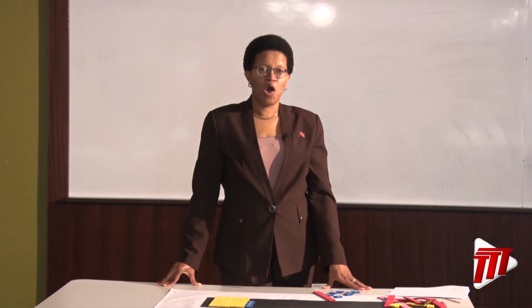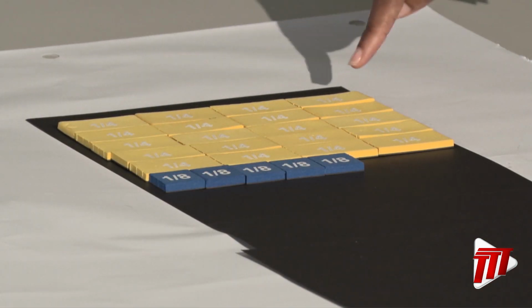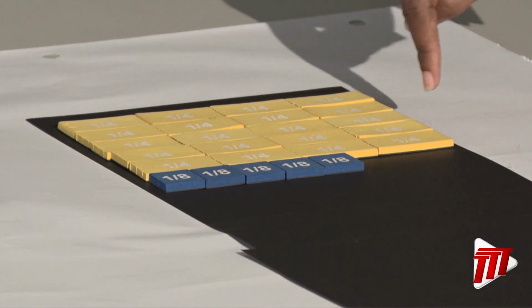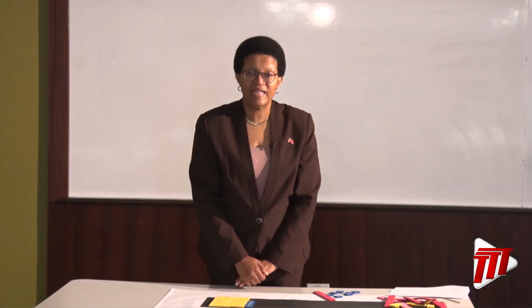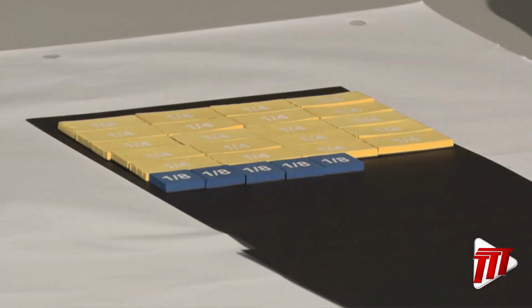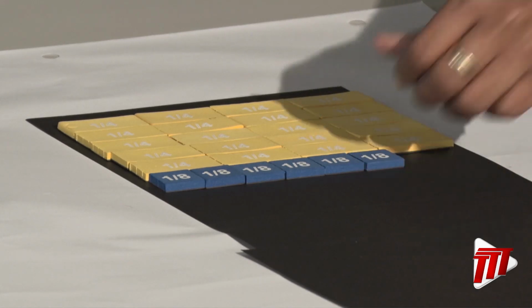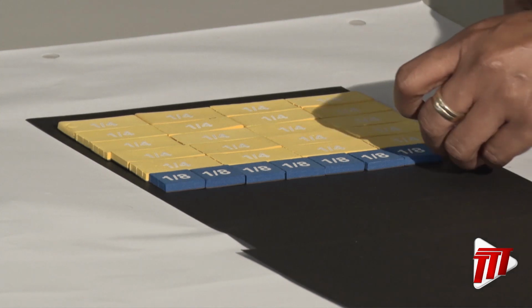We need to know how much she has left. Let us complete so that we can get our whole 7.5. Here we have 5 5/8. 1, 2, 3, 4, 5 5/8. I am going to start adding to get the remainder. 1/8, 2/8, 3/8.